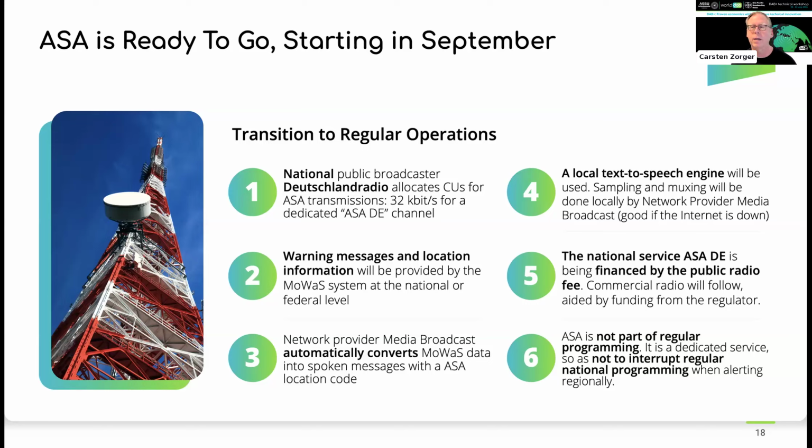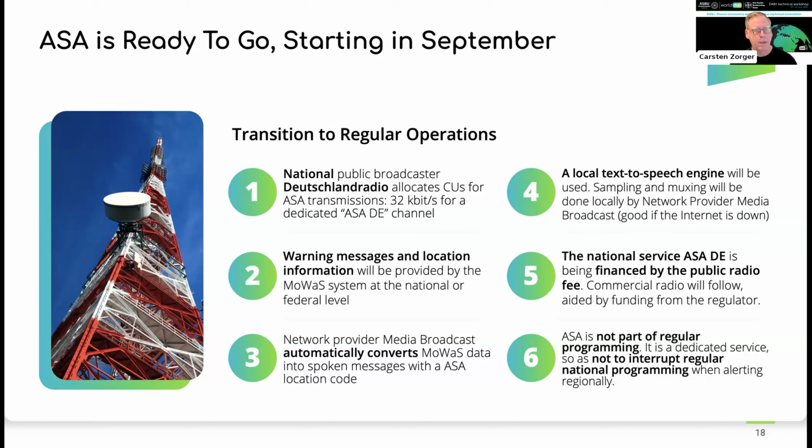Sampling and muxing will be done locally by network provider Media Broadcast, and then, of course, they'll be broadcast nationally with the national service ASA-DE. As we are the national public broadcaster, this service is being financed by the public radio fee in general, and we know that commercial radio will follow in their own time. We talk to them and they are integrated, but they will start at a later date.